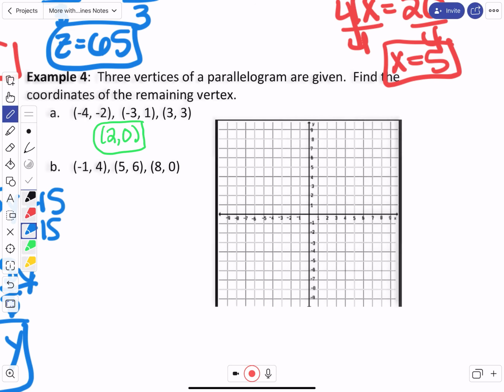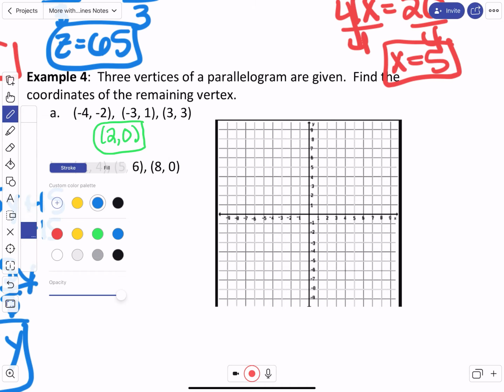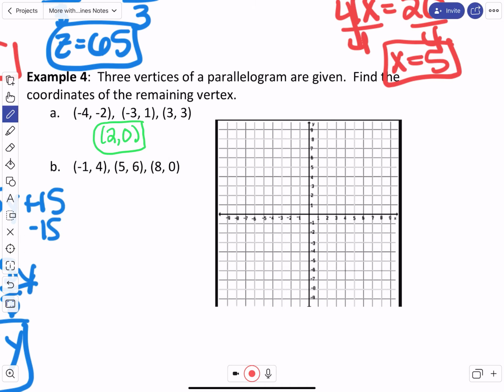Okay. So let's plot the new coordinates here. So I've got -1, +4, +5, +6, and 8, 0.